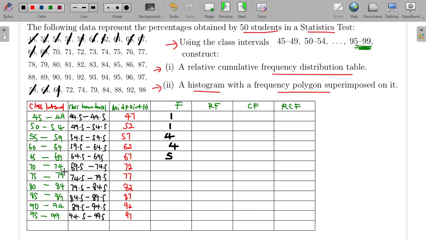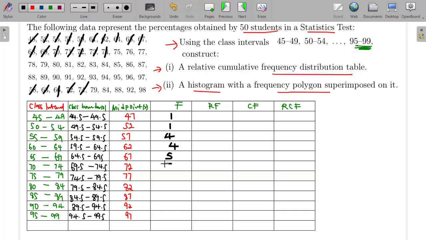What about 70 and 74? How many am I going to find there? 1, 2, 3, 4, 5, 6, 7.